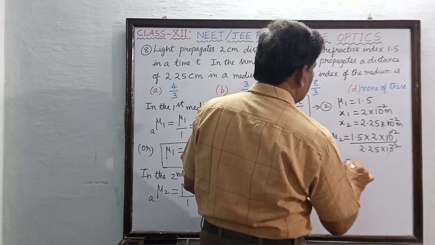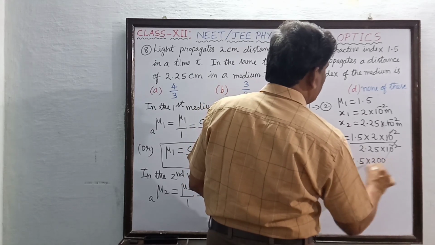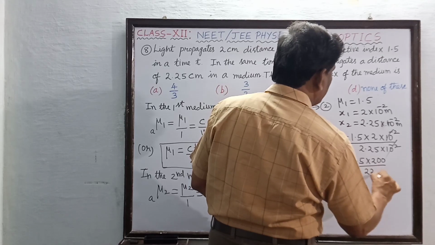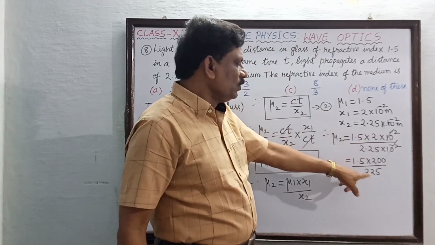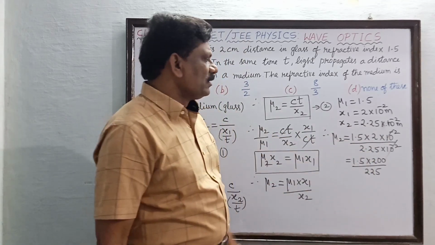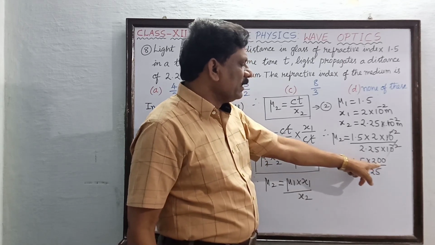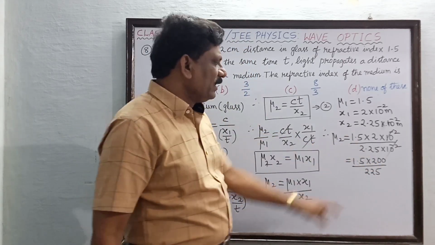So the powers of ten get cancelled. This is 1.5 into 200 divided by 225. This is 2.25 into 100, which is 225. In 200 you divide by 25: how many 25s are there? 8.